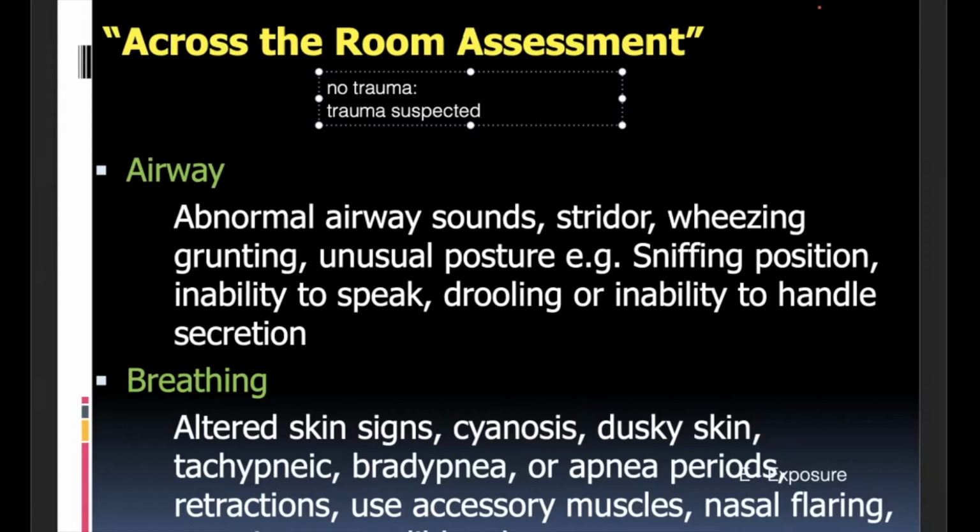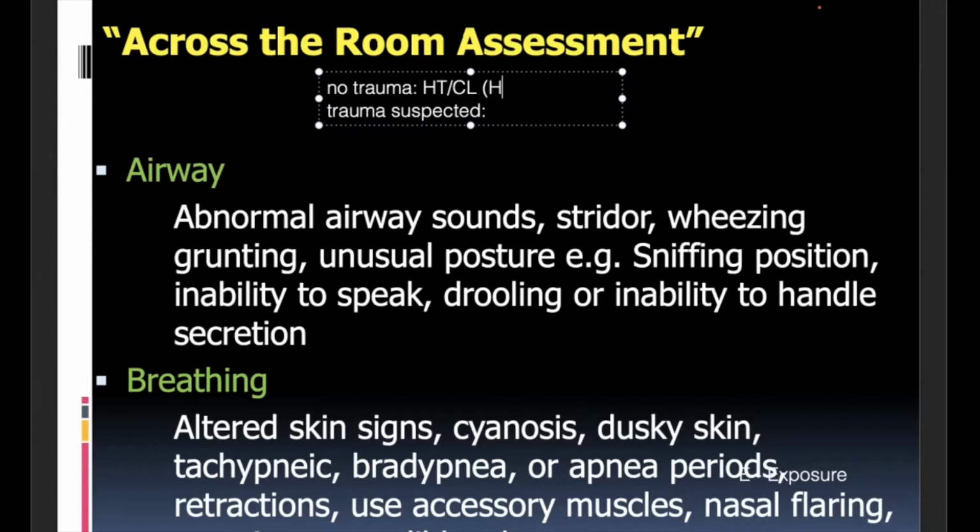How are we going to manage the airway here? If there is no trauma, we will just open the airway using your head tilt, chin lift. I know you're already familiar with this, especially if you've undergone training for basic life support.